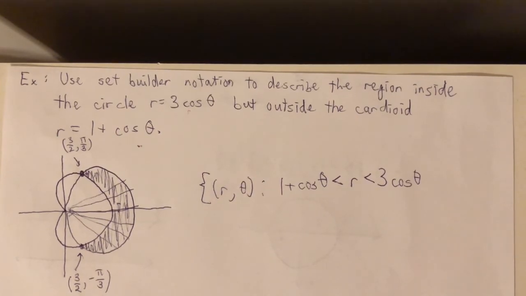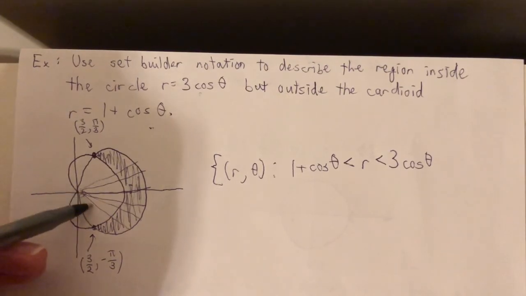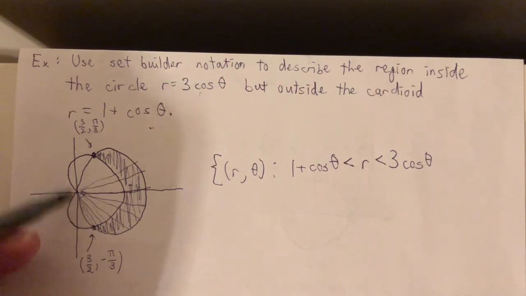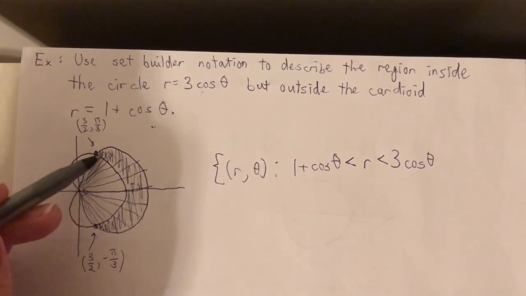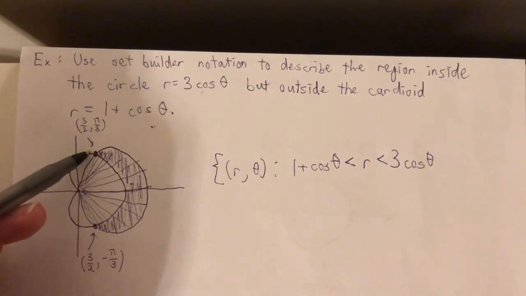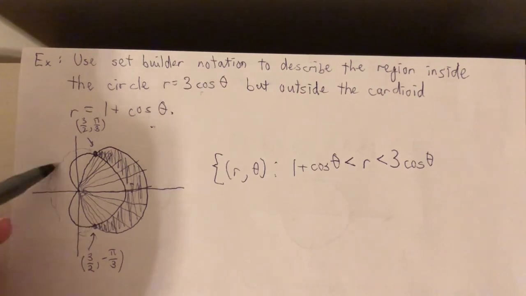Now I want to think about theta, and that's why I labeled my intersection points here, because my intersection points are going to tell me where to stop. So if I look past my intersection points, for values of theta out here, notice I don't have anything.